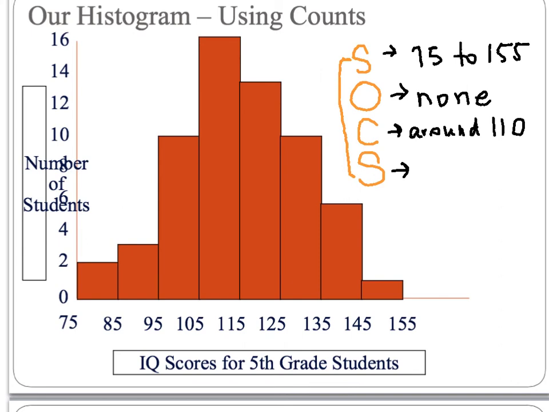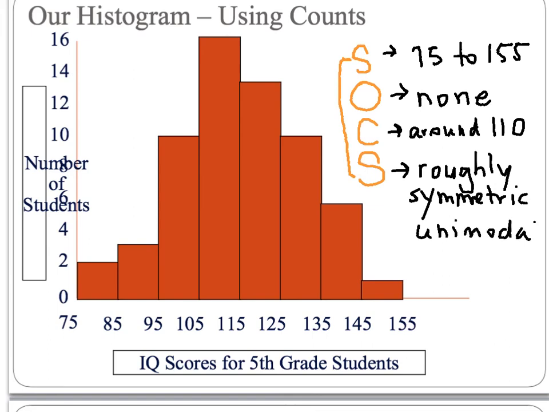It can be symmetrical. It can be bimodal or unimodal. And so for this distribution, I'm going to say that it's roughly symmetric. You could also say that it is unimodal because it has one peak. And so that would be how I would describe this graph.